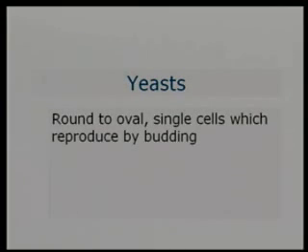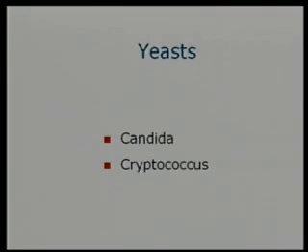During the next couple hours, I'll be talking to you about some special forms of these yeasts which are important in certain diseases. We're only going to discuss two genera, the Candida and the Cryptococcus.